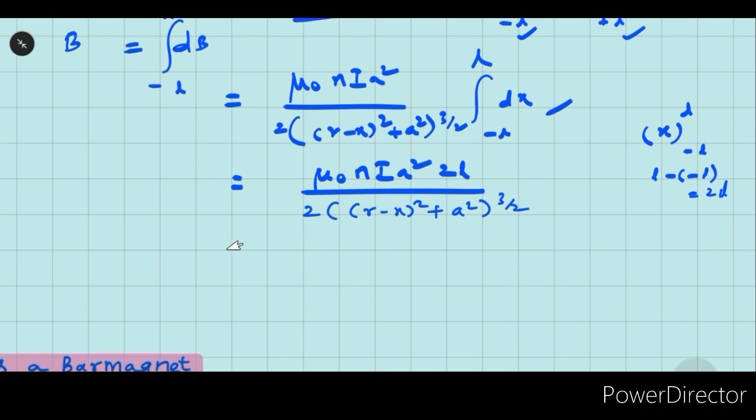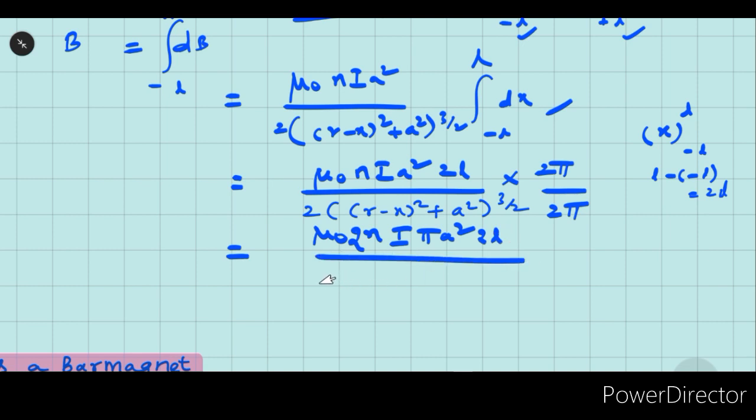Now here by multiplying numerator and denominator with 2 pi, we get mu naught n into I into pi a square into 2 into 2L divided by 4 pi into r minus x whole square plus a to the power of 2 whole to the power of 3 by 2.